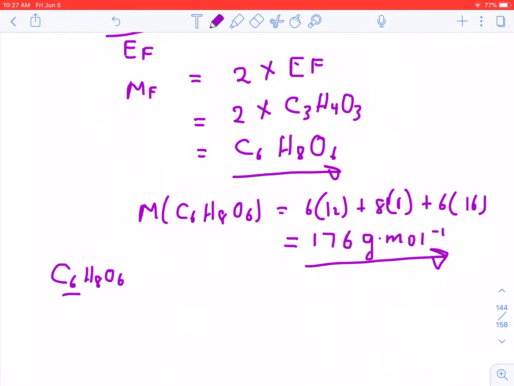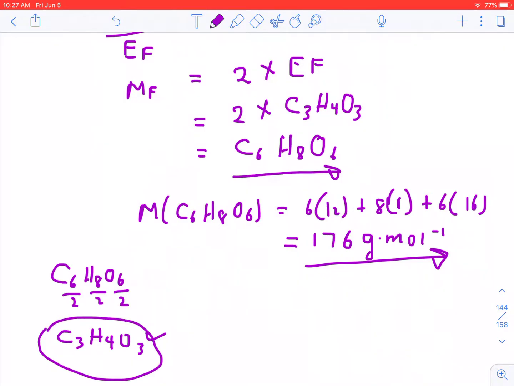You divide that by 2, you divide that by 2, you divide that by 2. So you've got C3H4O3. That is your empirical formula, the lowest whole number ratio. That is your molecular formula, and that's your empirical formula. Okay, there you have it, and see you next time.